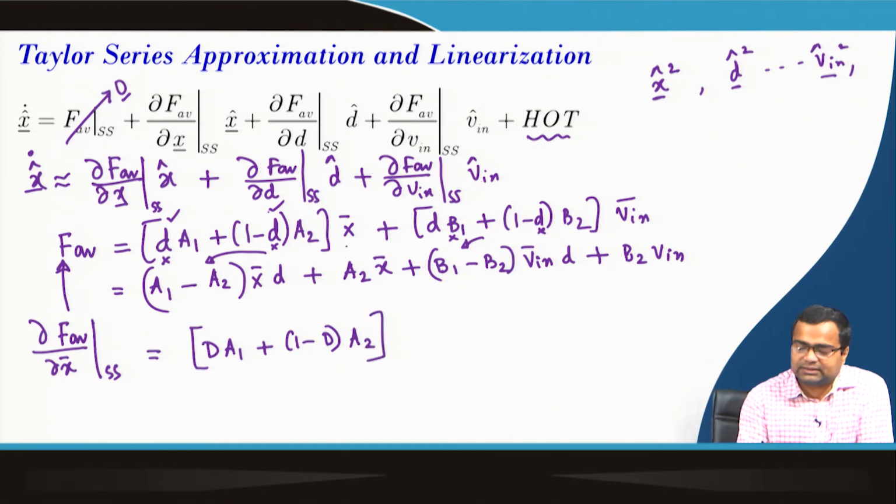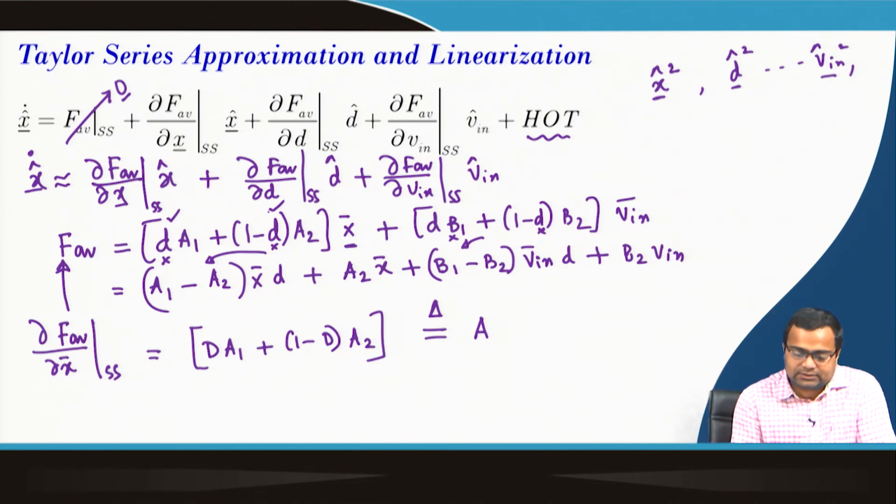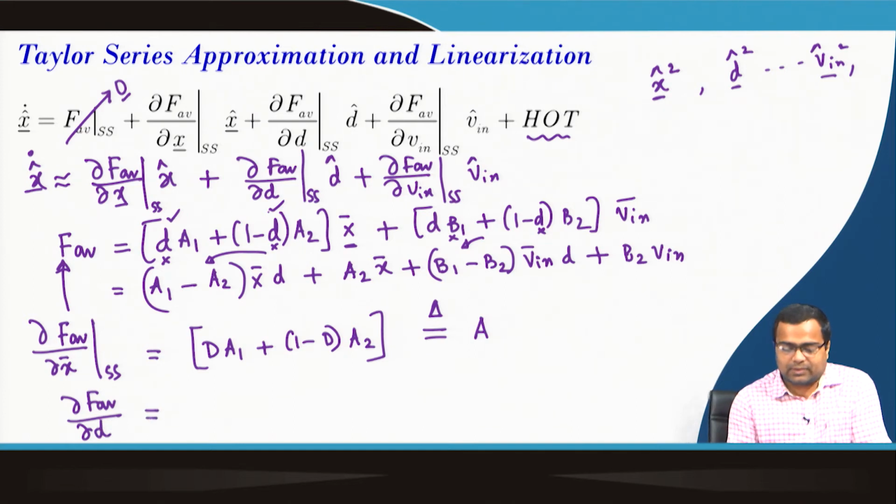Okay? Because we are differentiating with respect to this quantity and it is under steady state. And this we represented by the A matrix. Okay? Now, what is dou f average by dou d at steady state?